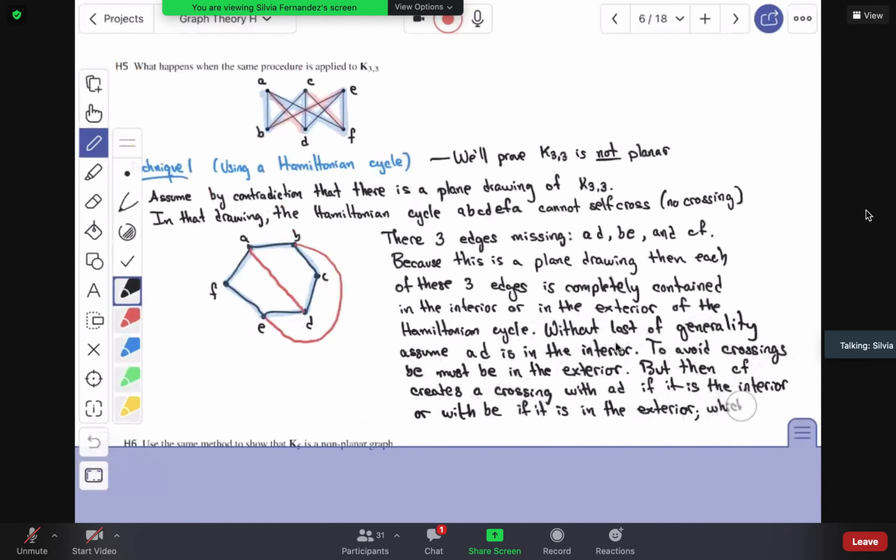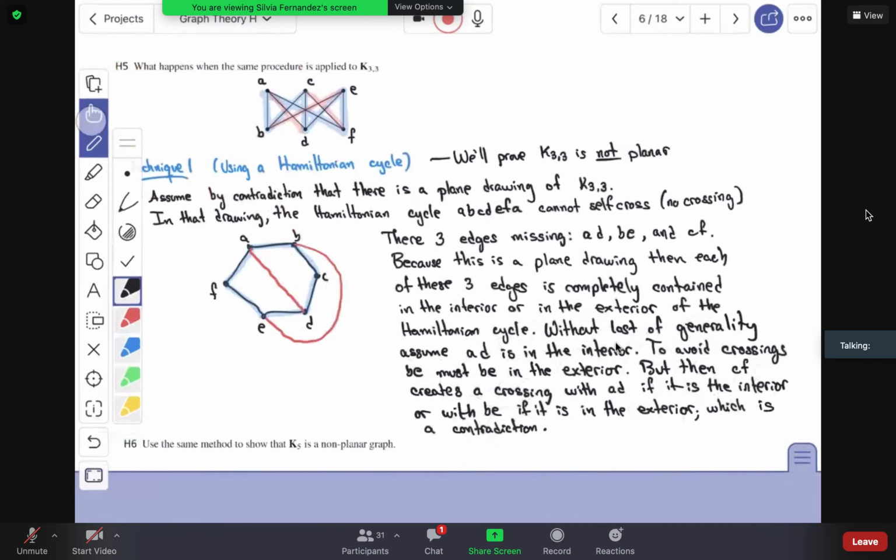Which is a contradiction. There are no crossings, right? That's my proof. So I can just conclude therefore K33 is not planar.